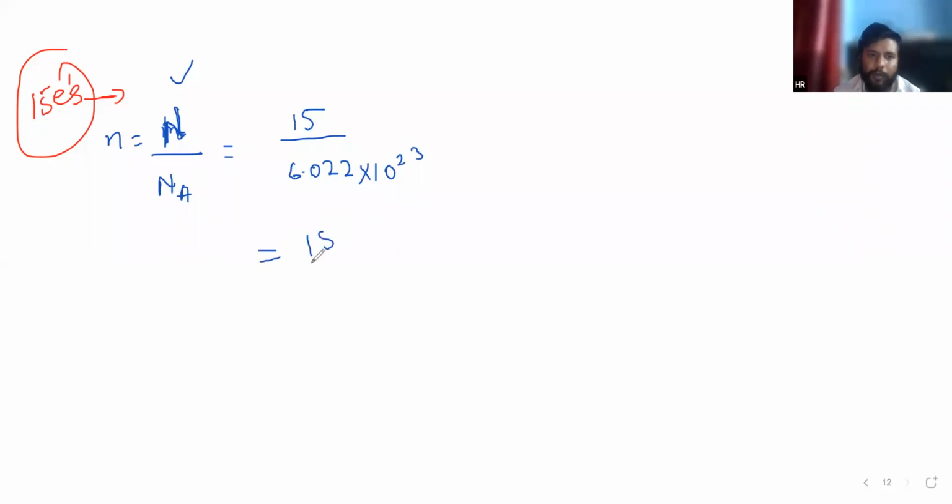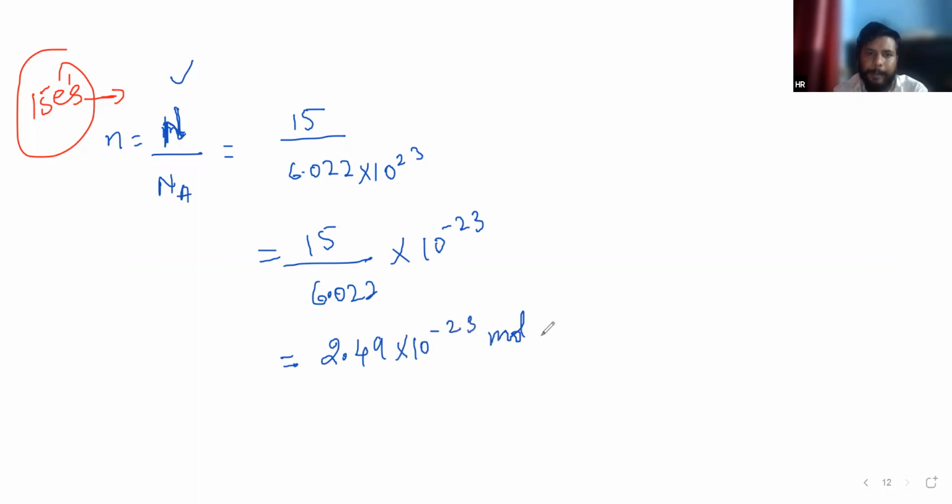Just say 15 upon 6.022 into, when it moves to numerator, the power will be negative, and we can easily divide it, 15 divided by 6.022, and it will be something like 2.49 into 10 raised to the power minus 23 moles. That's too easy.